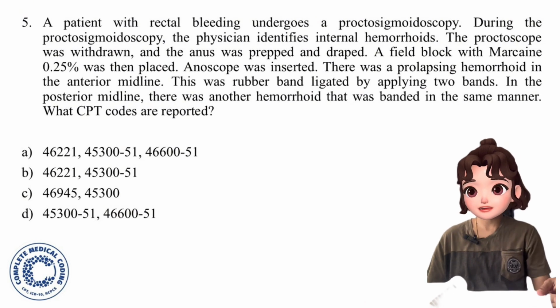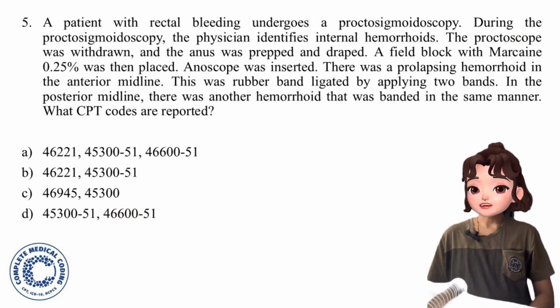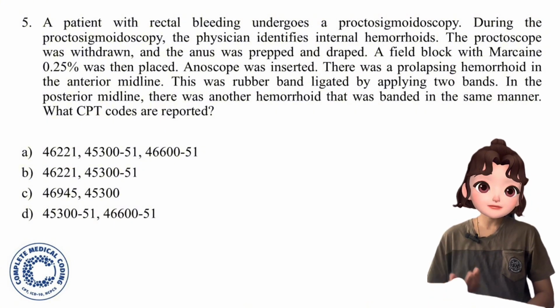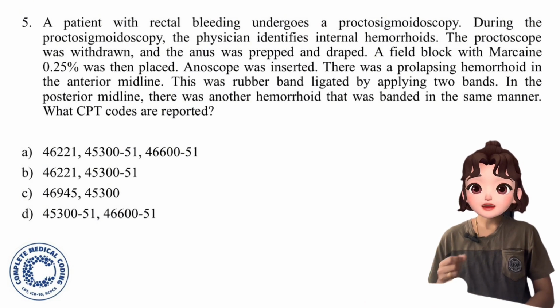No, this is rubber band ligation, because it's mentioned in the question, almost the second last line: this was rubber band ligated by applying 2 bands. So it means it's a rubber band ligation. When you read the question, you have to underline all this. So 46945 is the incorrect code.